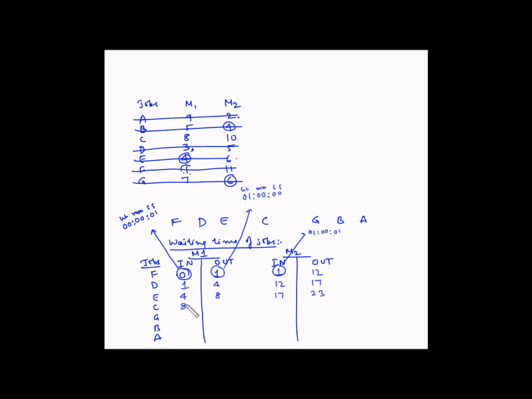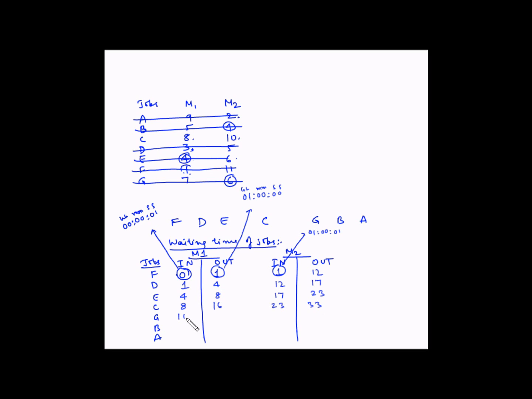For C, in time is 8, and out time is 8 plus 8, that is 16. For C, in time on machine M2 will be 23, and it takes 10 hours, so out time is 33.